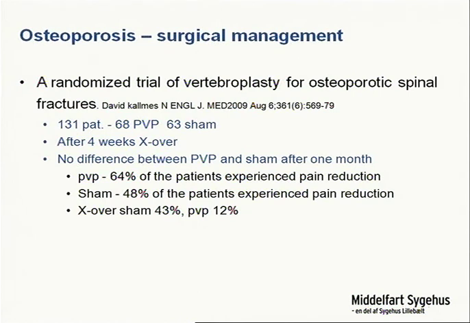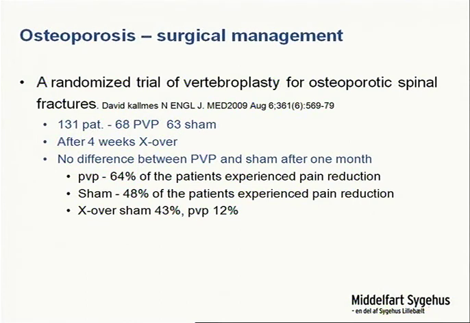Looking at the randomized trials, a paper from last year from David Kallmes, they randomized 130 patients, 60 for vertebroplasty and 60 for sham. The patients were allowed to cross over after 4 weeks, and they could not show any difference between vertebroplasty and sham after 1 month.